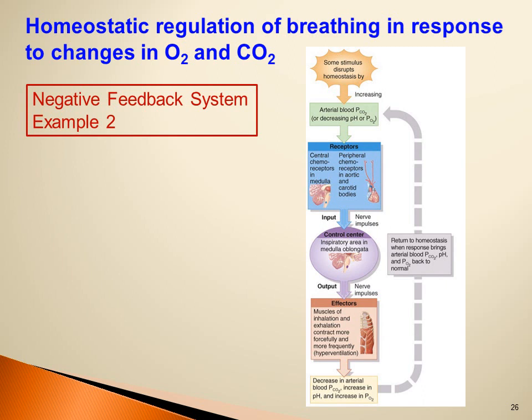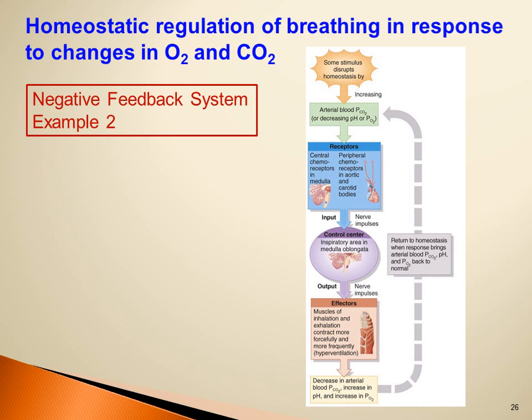This change will stimulate special receptors called peripheral chemoreceptors present in the aortic and carotid bodies, just in the large vessels near the heart, and also chemoreceptors present in the medulla oblongata, which we call central chemoreceptors.